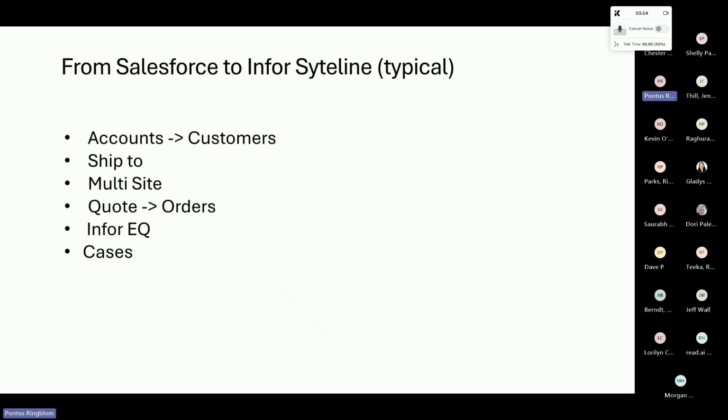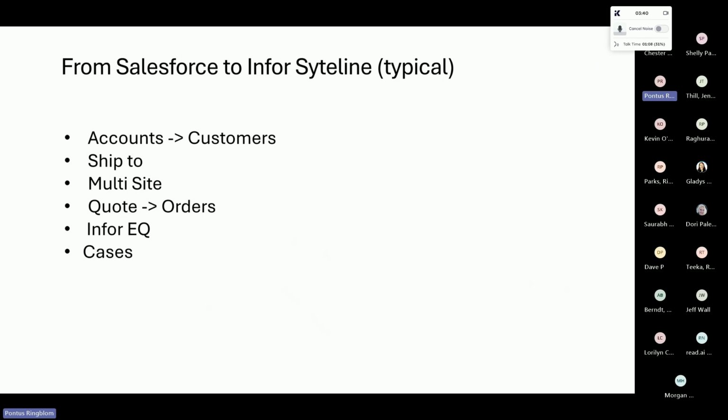But we have developed for a few customers a separate object in Salesforce to maintain the ship to. We also have some customers that are creating accounts by ship to. Typically it's the bill to account that's the account, and then the individual ship to is just a subcomponent from the parent. But there are some customers who want to see the account as ship to, and we can handle that as well. And again, I've talked about multi-site, we can do that.